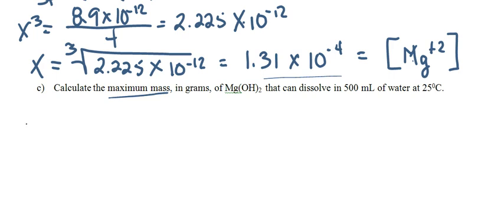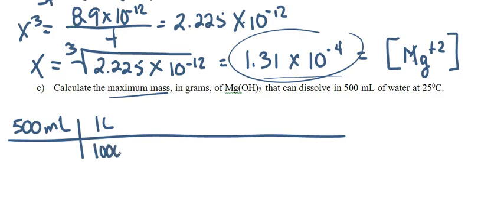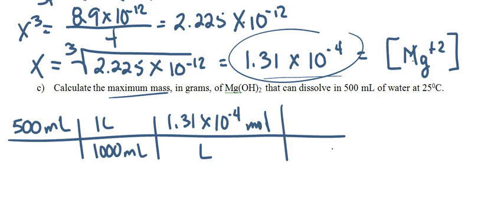So, if you know your volume and your molarity, always start with the volume, so 500 milliliters. Again, convert that into liters. Of course, multiply it times your molarity, which again is 1.31 times 10 to the negative 4 moles per liter. And then 1 mole of magnesium hydroxide.